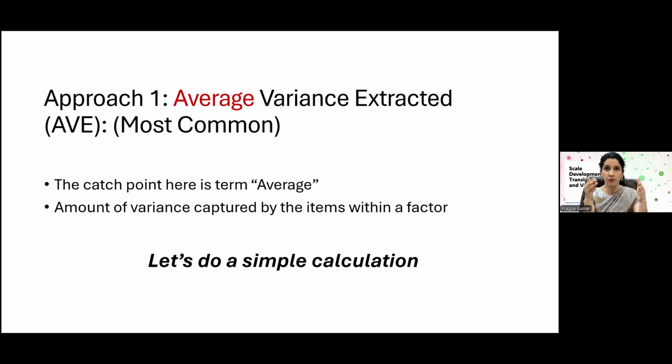So the amount of variance captured by items in that factor, if you take an average, is known as the average variance extracted. There are three terms: average, meaning you have to take the mean; variance, meaning the loading squared; and extracted, meaning the factor is extracting that much variance.